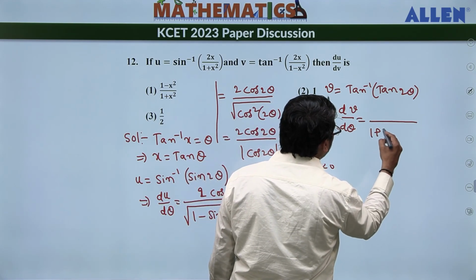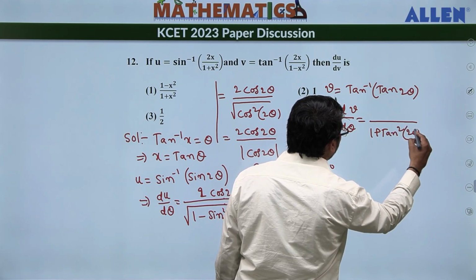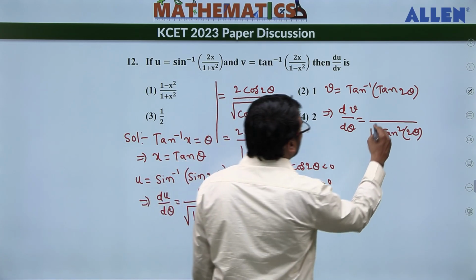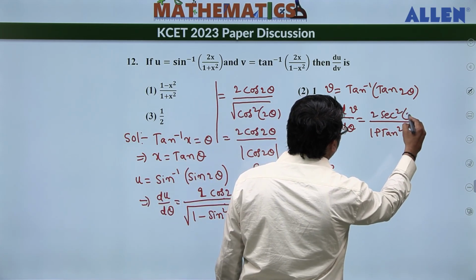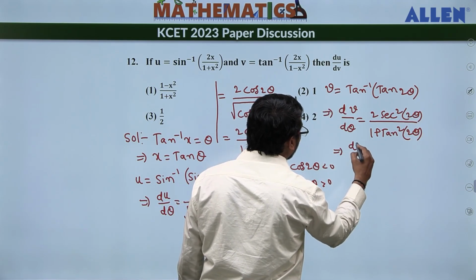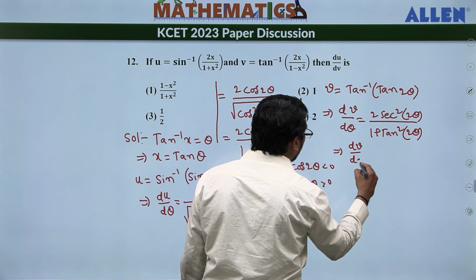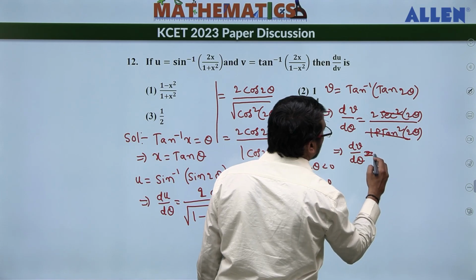So 1 plus tan square 2 theta to secant square 2 theta. So dV by d theta is 2.